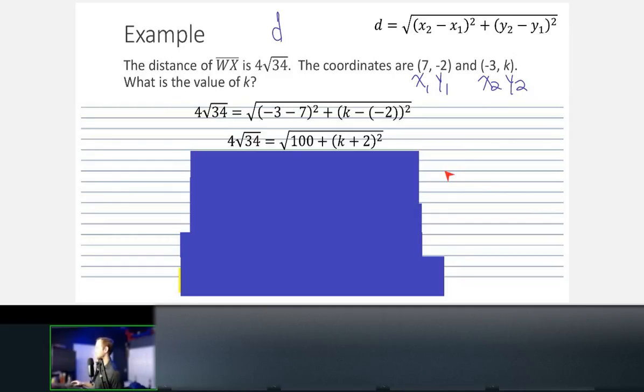Square both sides. All right, everyone go ahead and square the left side, square the right side. Don't put your answers yet, please. I'm going to give you 30 seconds to do that. When you finish squaring both sides, give me a green check so I know you are ready.